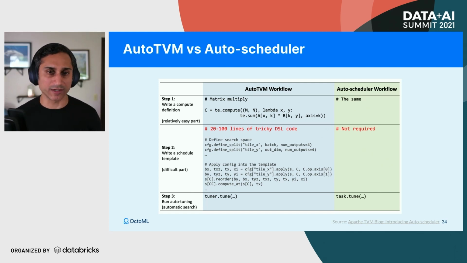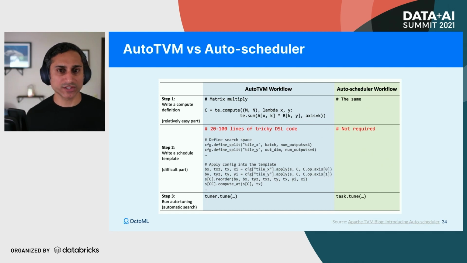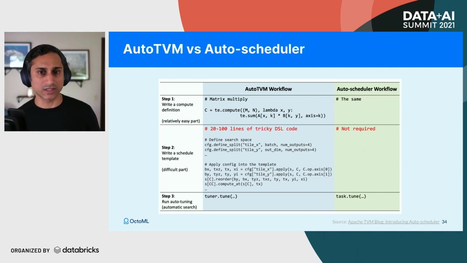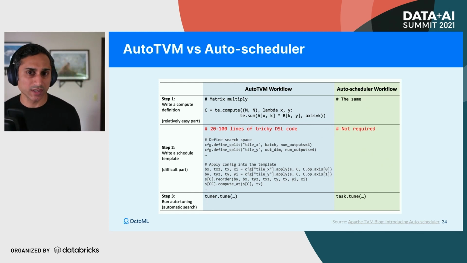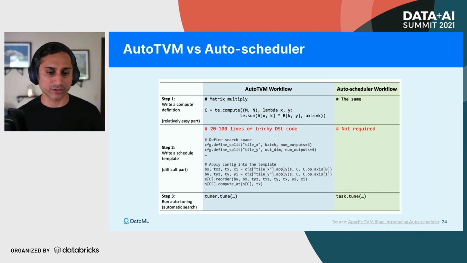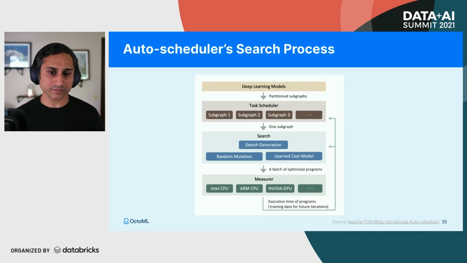This was the tricky part. And finally, the last step is an automated run by a search algorithm. That's the tune step. So autoscheduler eliminates that difficult second step via automatic search space construction, which enables exploration of many more optimization combinations, and accelerates step 3 with a better search algorithm.